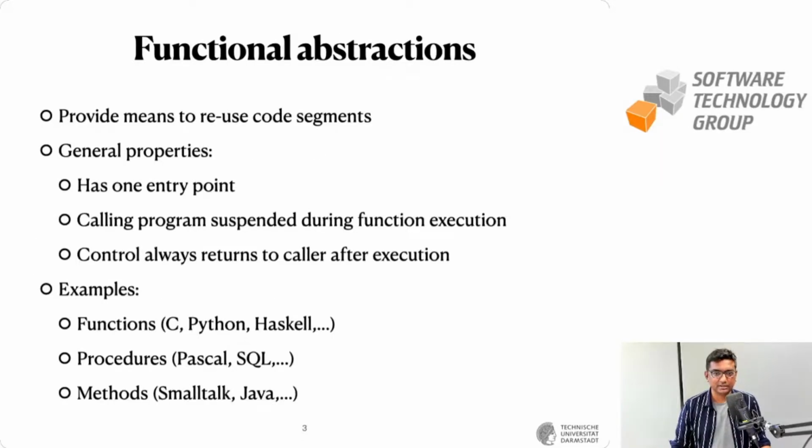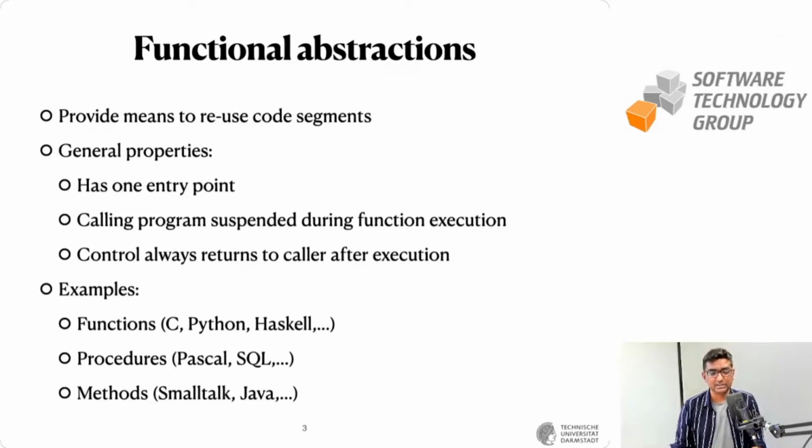Let's begin. Functional abstractions are means provided by programming languages to promote reuse of certain code segments. There are many general properties of functional abstractions that most languages adhere to.